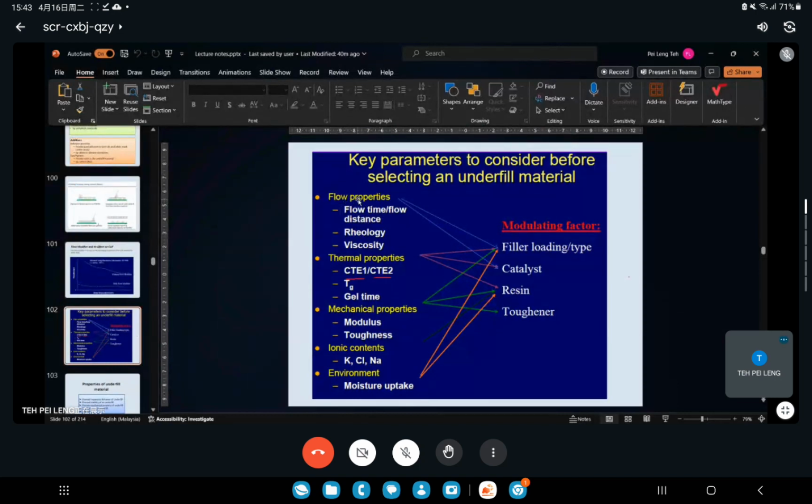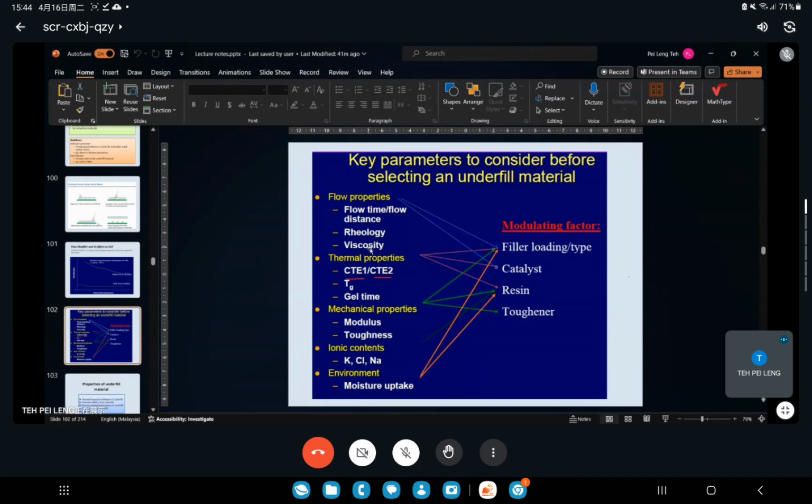From the flow properties you know which properties are important. If given flow time or flow distance, or rheology, or viscosity, then you need to compare the viscosity between supplier 1 and 2, and see which one is more suitable.